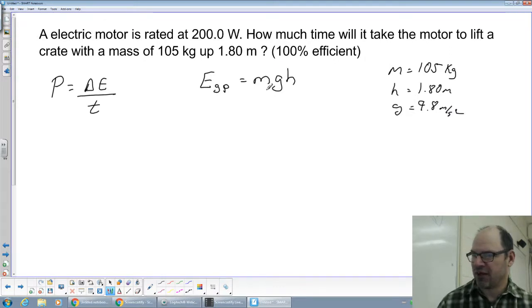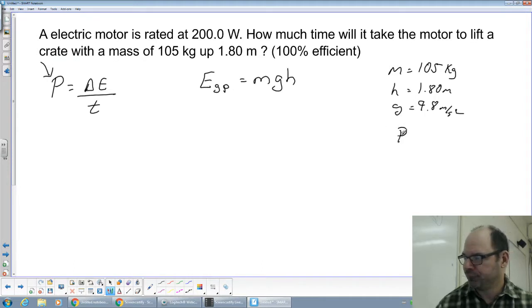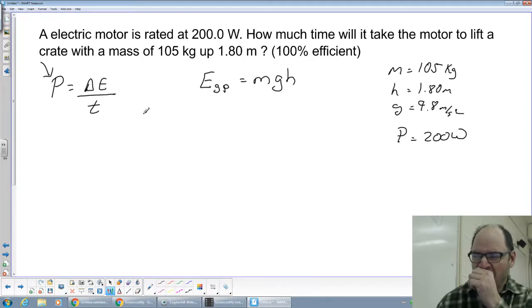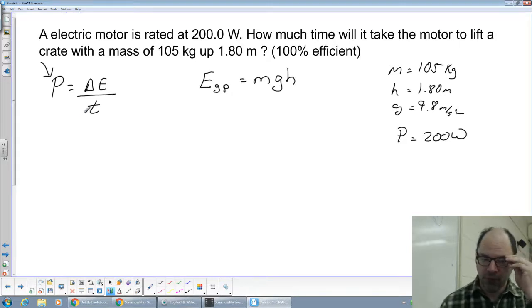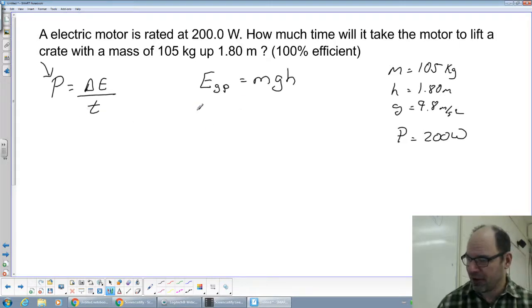So that will give us our energy, and we also have the power rating for the motor. So this is where we're going to calculate. So first we'll calculate the energy, put it in the change in energy part, put the power in, and then rearrange it and calculate time. So our first step is to get our energy.